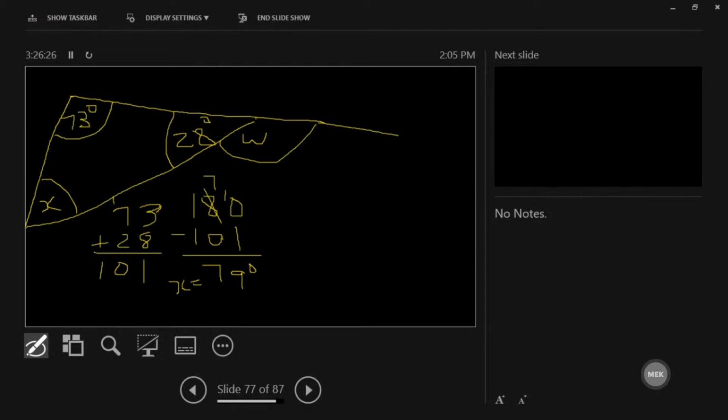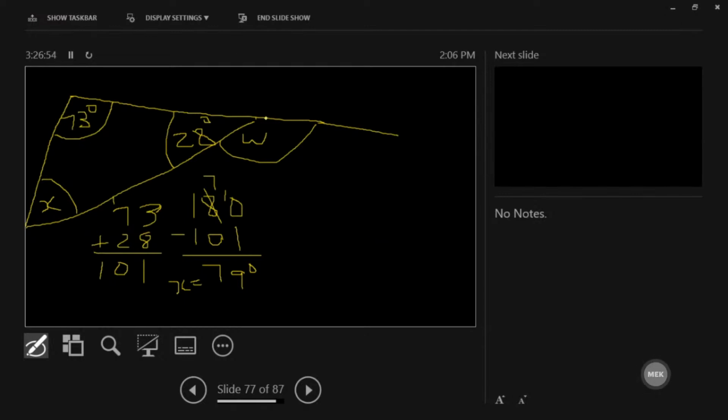So Zion says to get W, we add the 73 and the 79, and that equals 152 degrees. Oh, okay. So Cashmark is saying another way to do it is to take the 28 from 180, and you get 152. Okay, 152 degrees. So right.